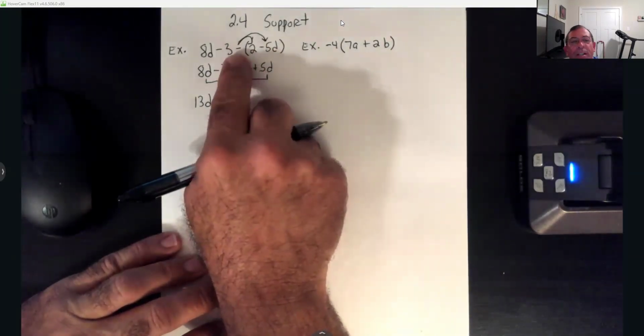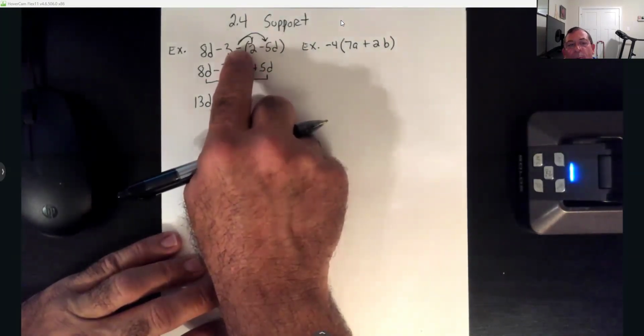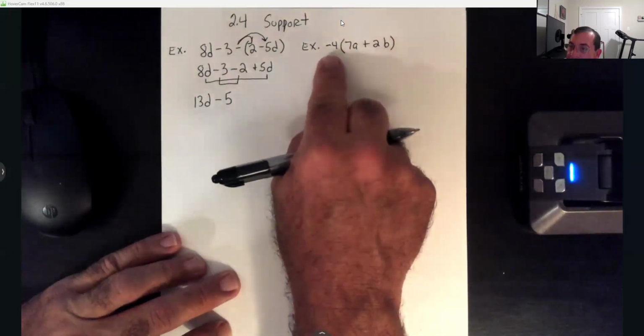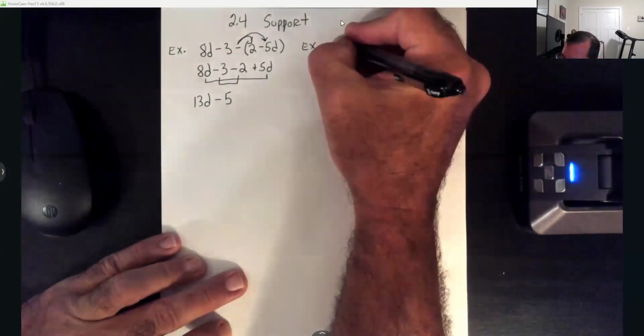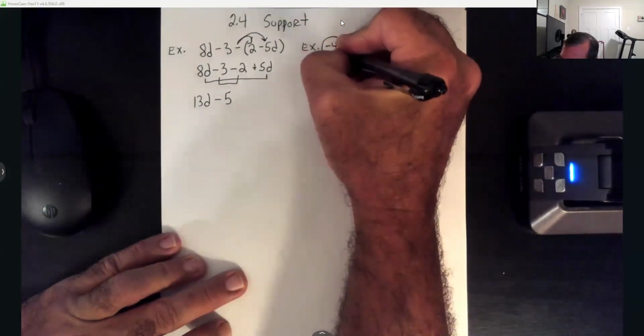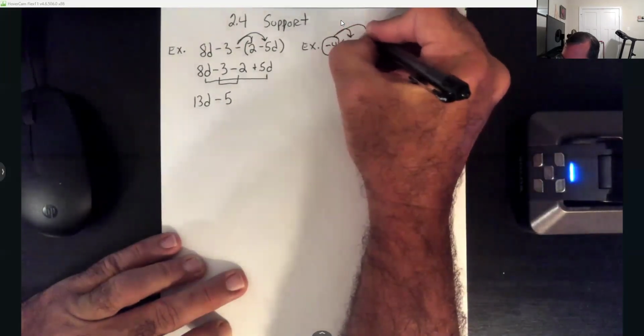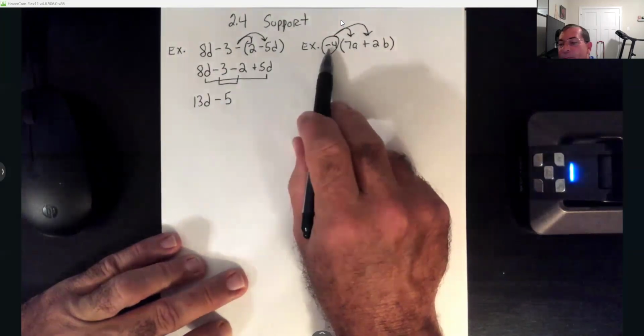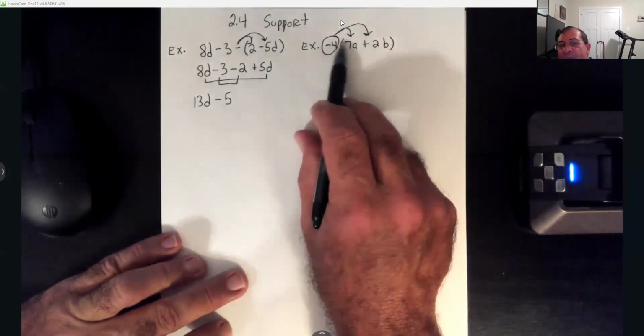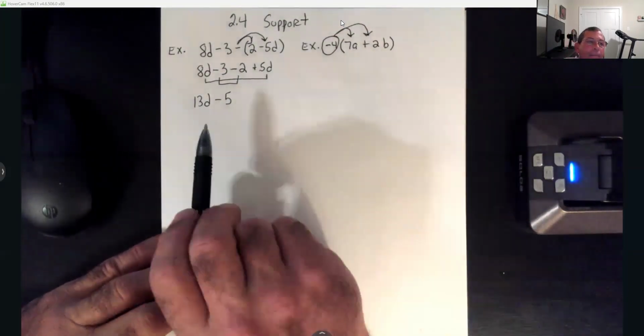Similar to the one we just did, but this one was just a subtraction by itself, so you almost treat that one like a negative 1. But y'all, you got a negative 4 in front of these parentheses. So you got to distribute the whole negative 4 times both of them. Not just the 4, it's got to be the negative 4 going through here.